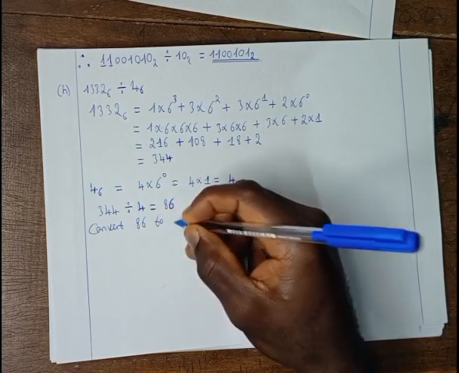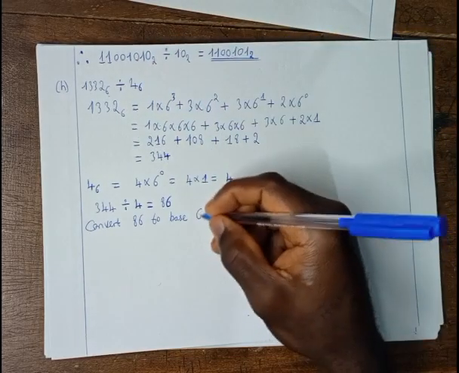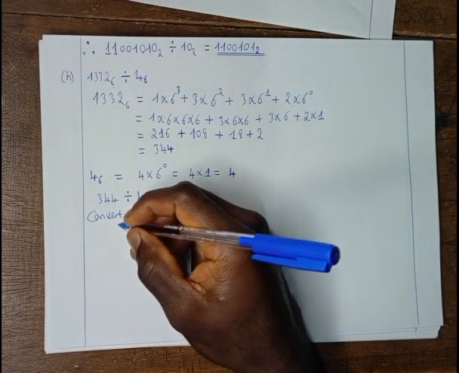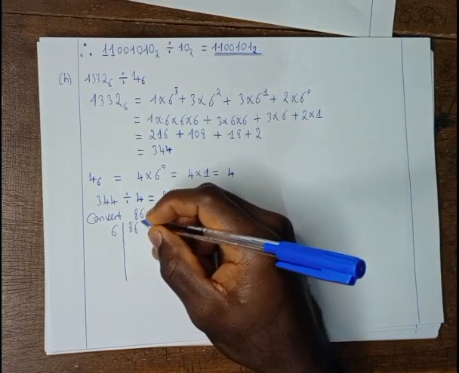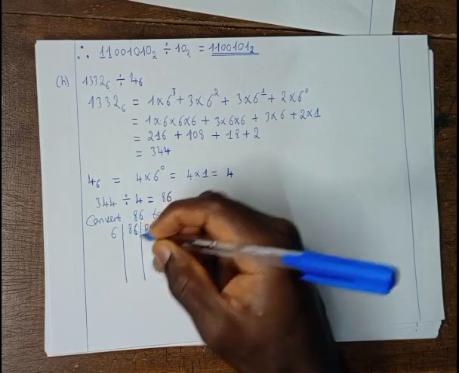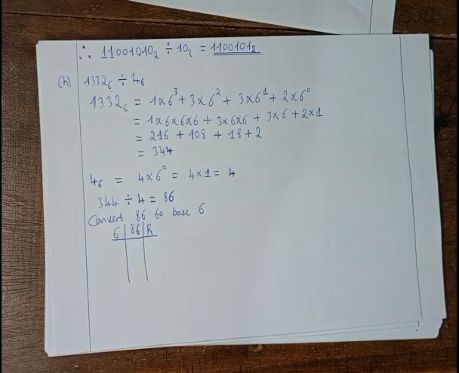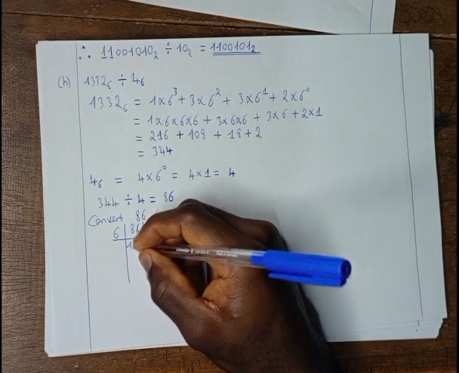Next thing, now we have to convert 86 to base 6. We are going to make use of repeated division. For the first column we have 6, the second we have 86, and for the last one we have the remainder. First thing, if we divide 86 by 6, 86 divided by 6 gives us a whole number part of 14.